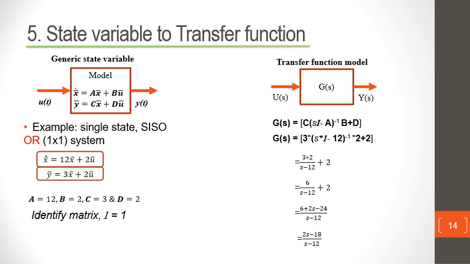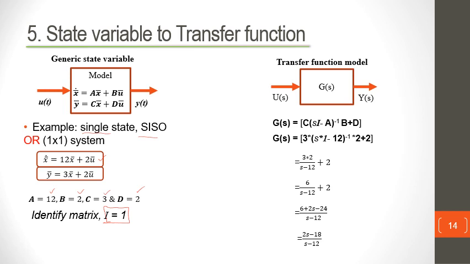Let's look at a simple example: a single state seesaw system that we have just linearized. We know that a is 12, b is 2, c is 3, d is 2, and our identity matrix is simply the number 1, because these are 1 by 1 matrices.